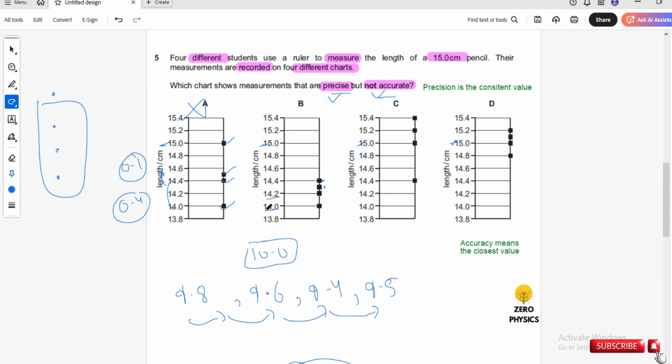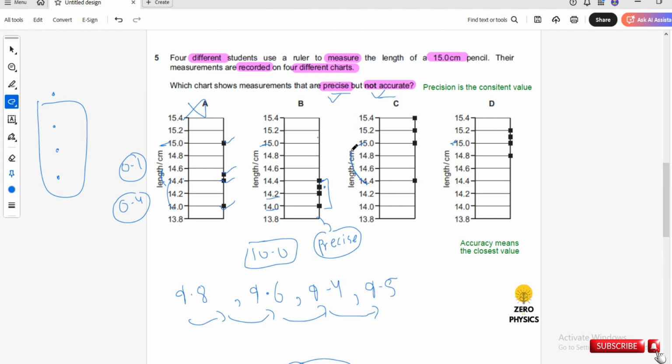The difference between 14 and 14.2 is 0.2, 14.2 and 14.3 is 0.1, and 14.3 and 14.4 is 0.1. So as you can see, all these values are precise but not accurate, because if they were accurate, they would be at 14.8 or 15.1. Let's talk about C and D.